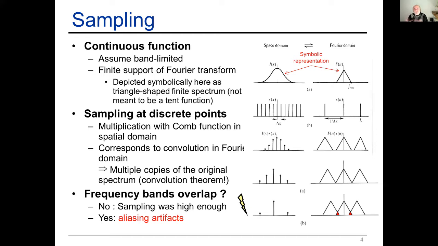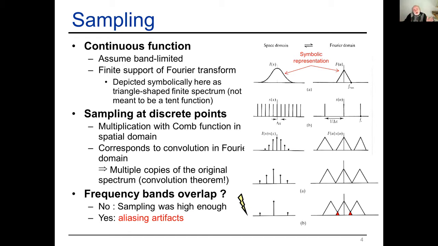I don't know what is the original frequency and what is from the copies. And so as I sample, I'm making an error if I cannot ensure that those copies do not overlap. And in order not to overlap, I need to move them far apart such that the overlap doesn't happen, or, as we'll see, is hopefully small, because we cannot always guarantee that we don't have high frequencies.